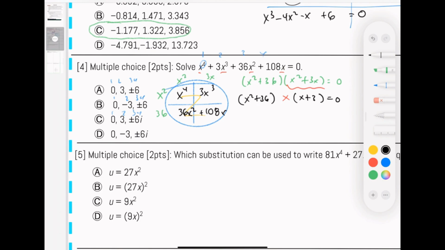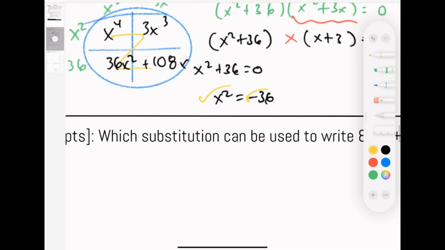Each of these I'm going to set equal to 0. Subtract 36. Take the square root of both sides. X equals plus or minus square root of negative 36, which is 6i.